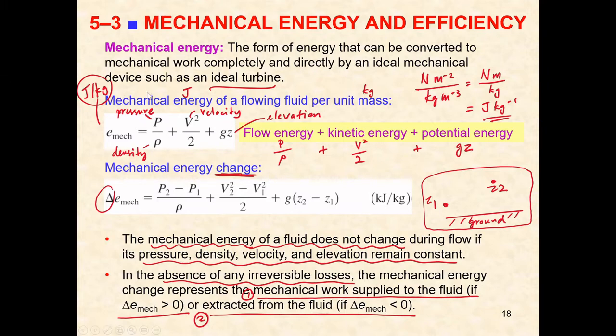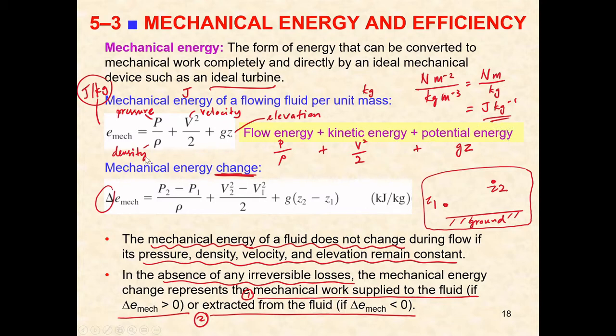Mechanical energy has the unit joule, and per unit mass we have kilogram, so if you take joule divided by kilogram, you get joule per kilogram. So this is the equation for the mechanical energy of a flowing fluid per unit mass. You can see here you got the flow energy, you got kinetic energy, and you also have potential energy.